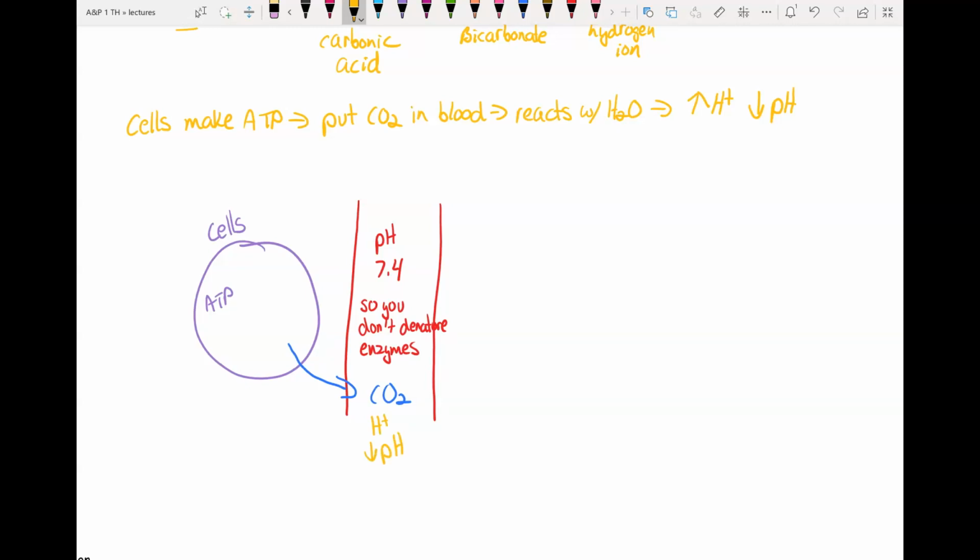Well, if you just let this go, your pH would drop, you would denature your enzymes, and you would die. So that's not a good option. Luckily, we have your lungs. Your lungs take the carbon dioxide out of your blood and exhale it.